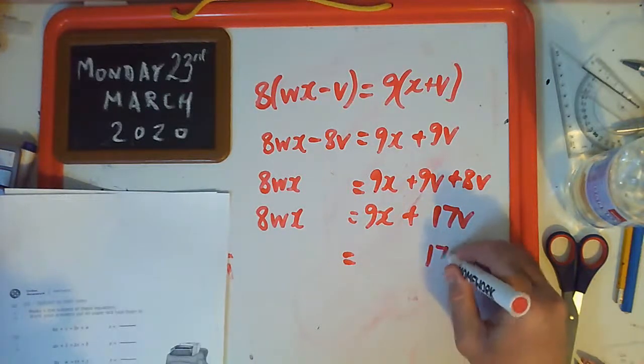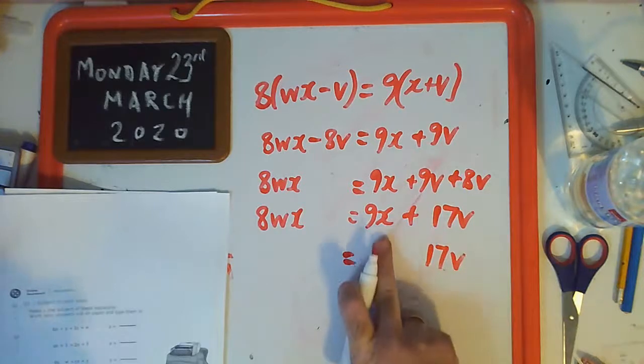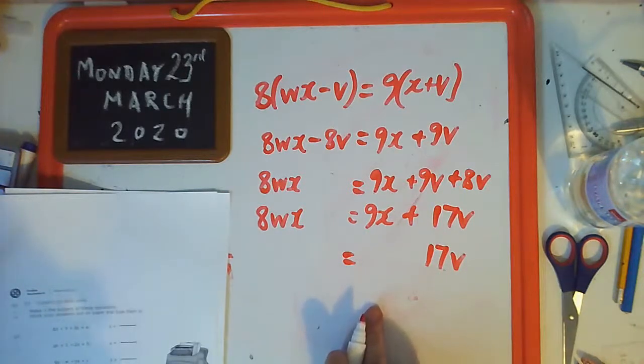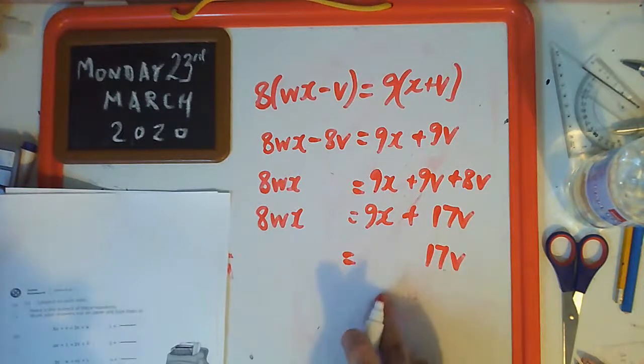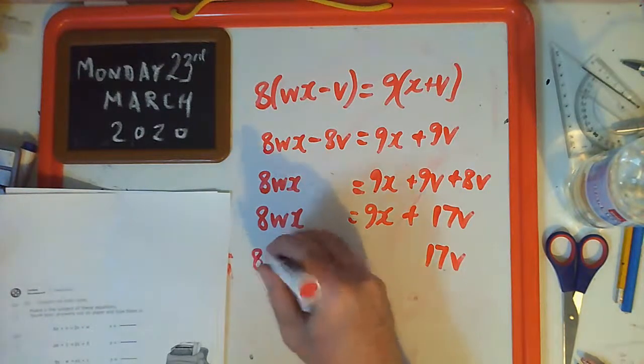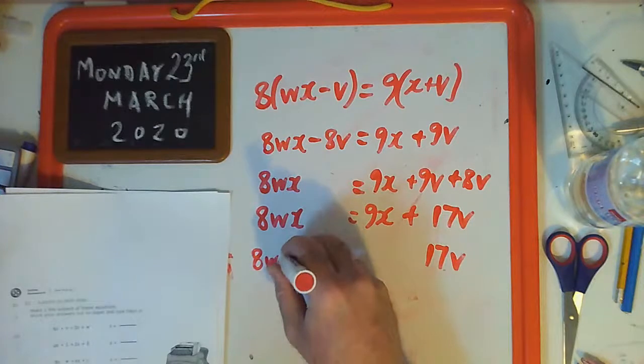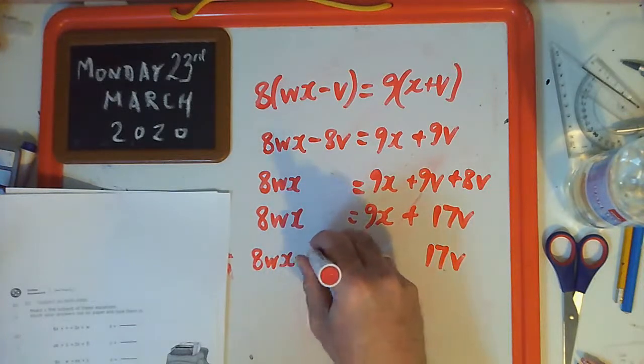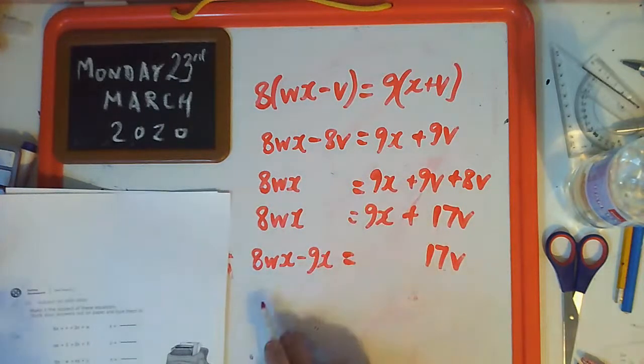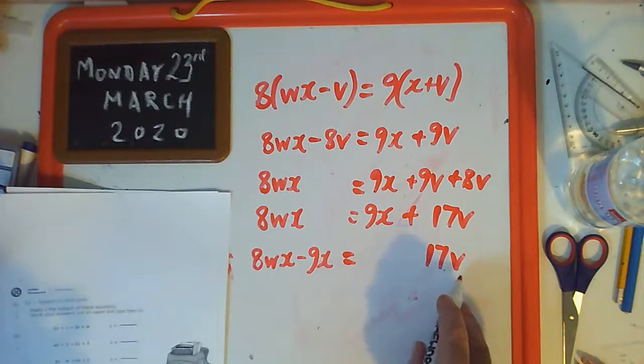So I'm going to take that away from the right. So I'm subtracting 9x. But if I'm subtracting 9x from the right, I've got to subtract 9x from the left as well, because it's like a balance. So I get 8wx minus 9x equals 17v.